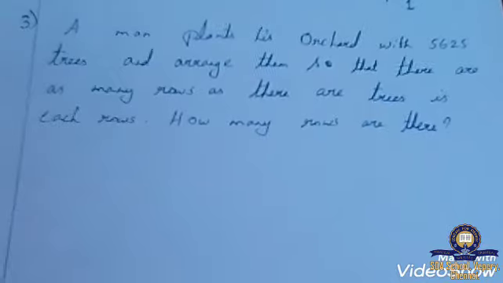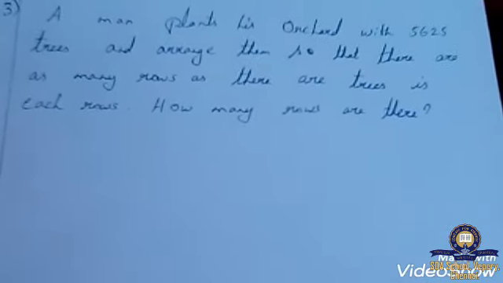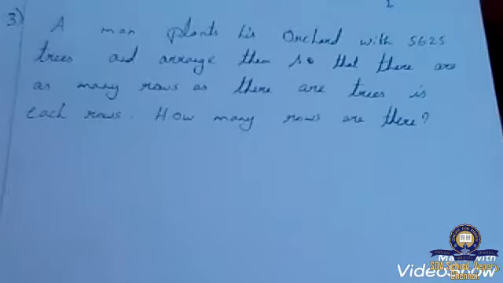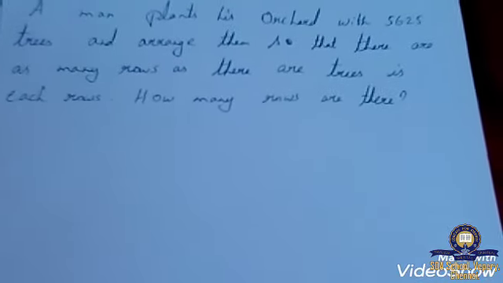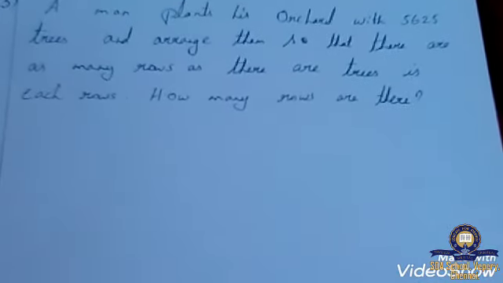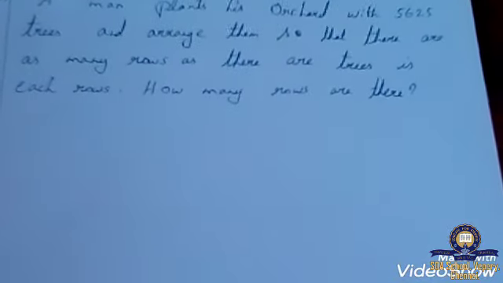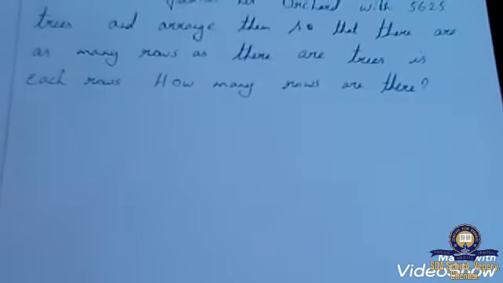In this, they given that a man plants his orchard with 5,625 trees and arranges them so that there are as many rows as there are trees in each row. So how many rows are there?